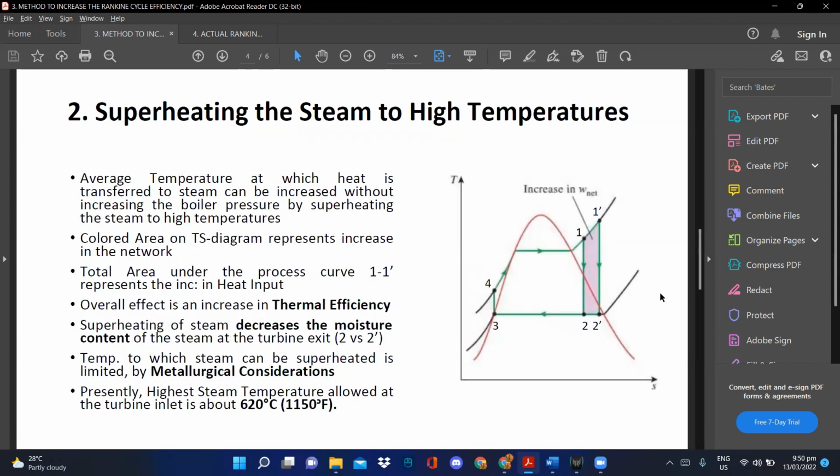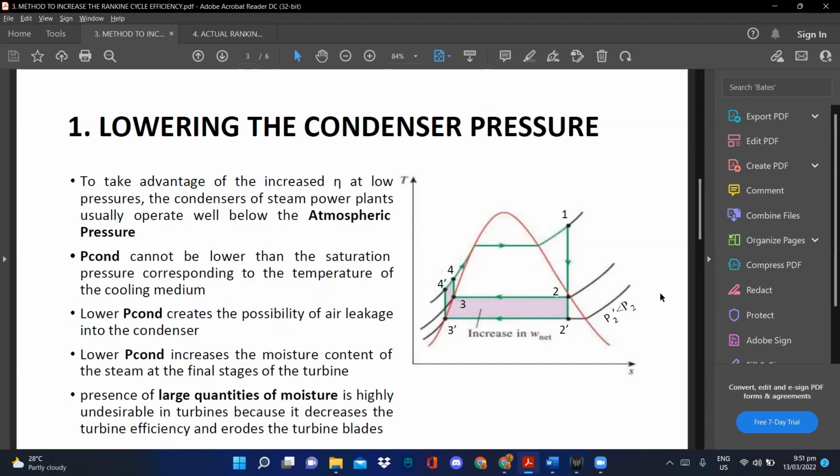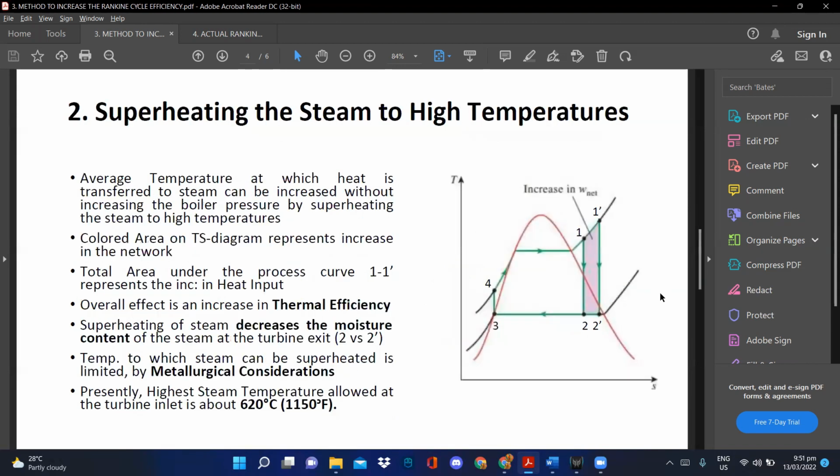Next, another method is superheating the steam to high temperature. Kanina, we lowered the condenser pressure because kapag nilower natin condensing pressure, mas madaming mako-convert na liquid doon sa vapor, so mas madali siyang ma-heat ng boiler.